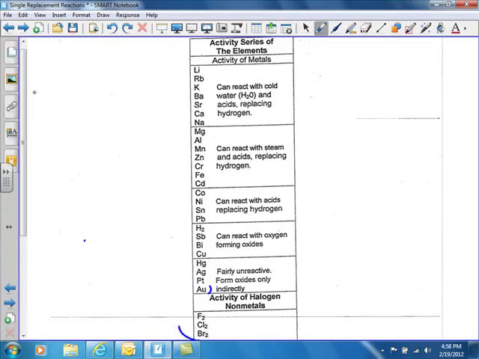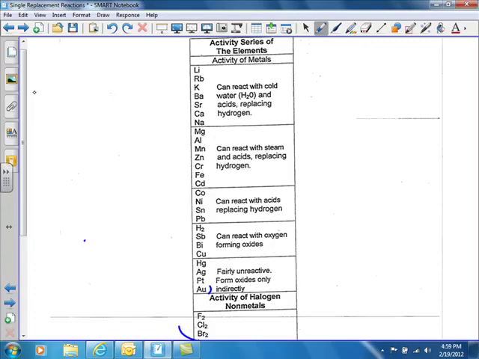If you look at some of these elements, you see lithium, rubidium, potassium, sodium. Those are group 1 elements, which we know are the most reactive metals in the periodic table. Barium, strontium, and calcium are group 2 elements, which are the second most. So it should make sense that some of those are at the top of the list.